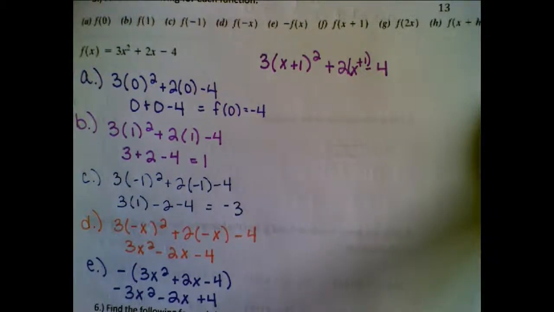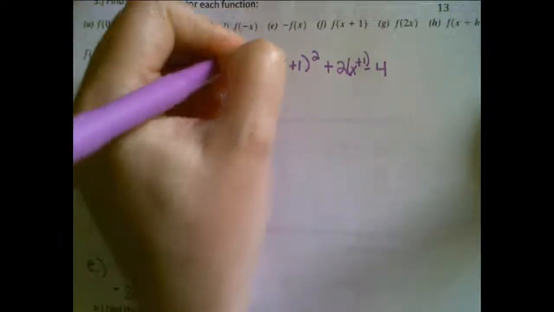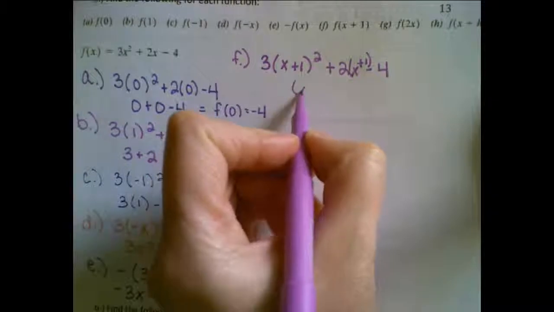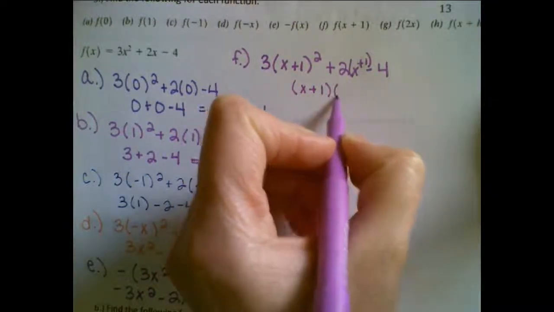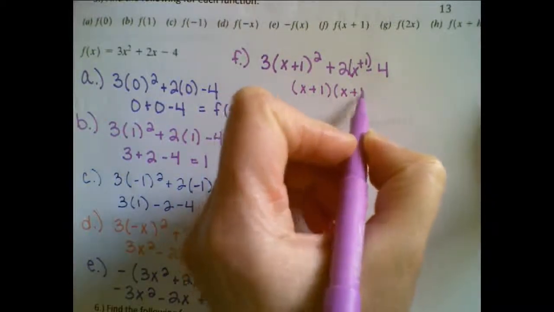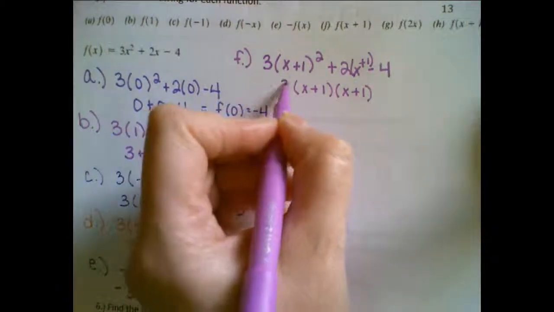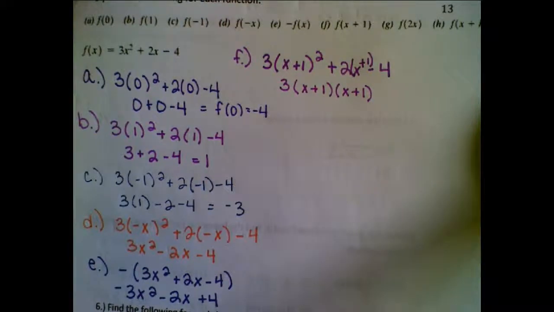Sorry, got out what I was doing. First step here, we need to simplify. So I see that this is squared. So I'm going to have (x plus 1) times (x plus 1). And once I've FOILed this, I have to multiply all of that by 3.